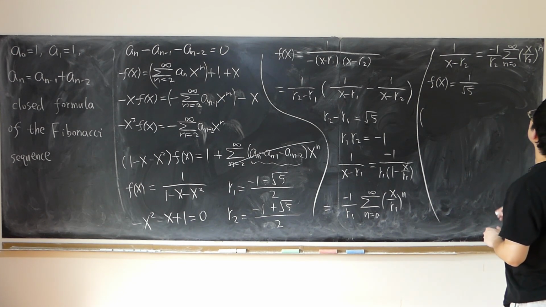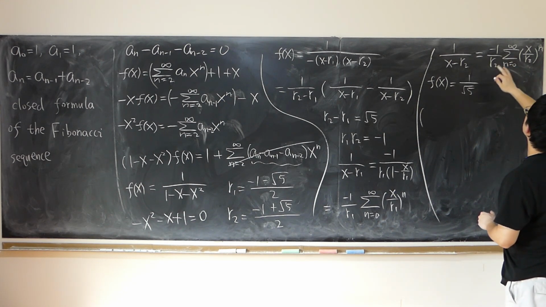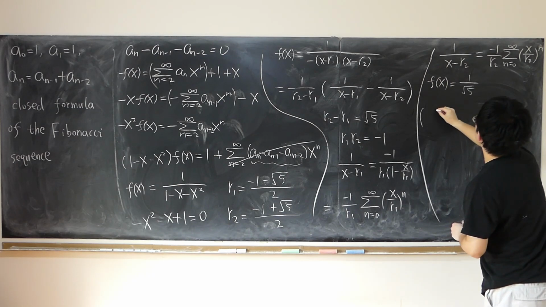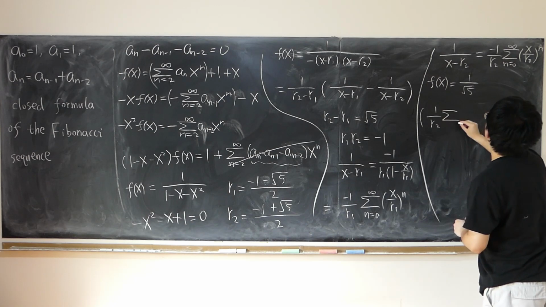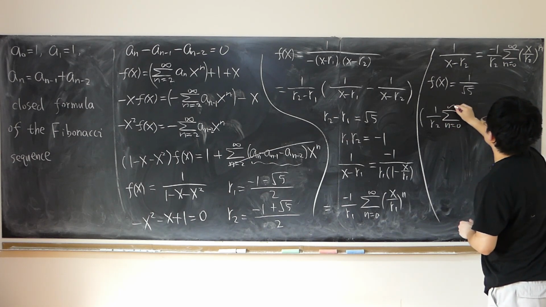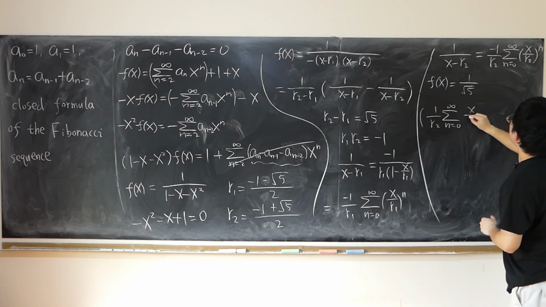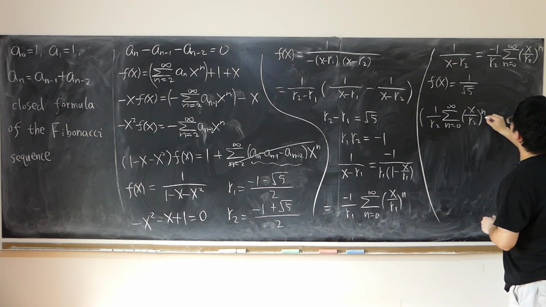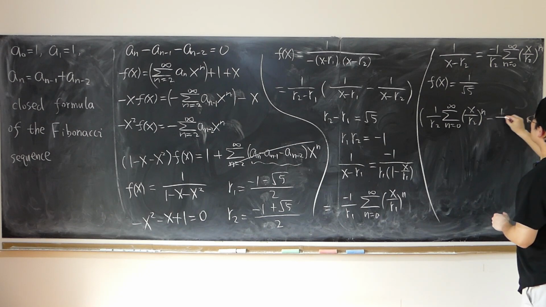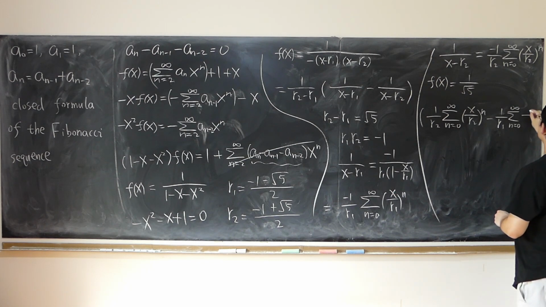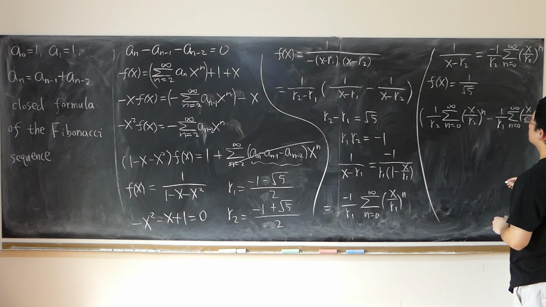Right? This becomes positive. So 1 over r2 infinite sum n from 0 to infinity, x over r2 to the n. This is still negative. Minus 1 over r1 infinite sum n from 0 to infinity, x over r1 to the n.